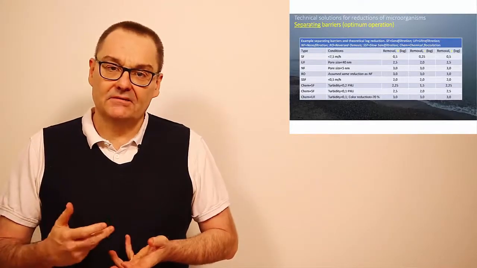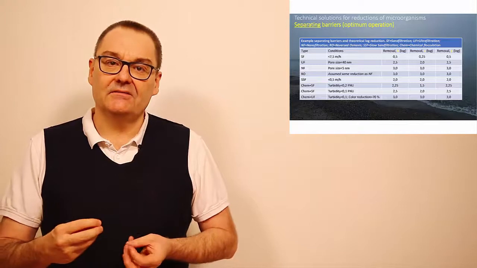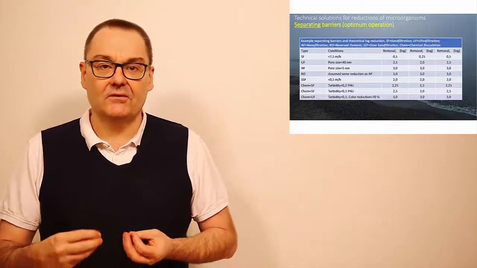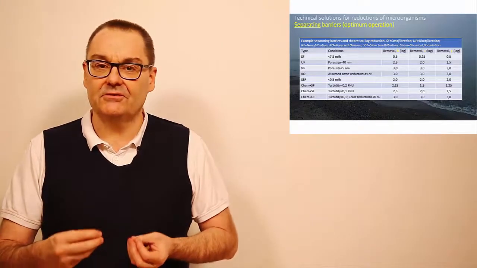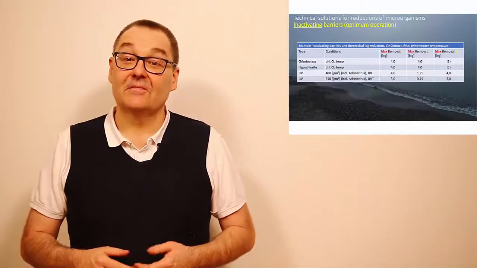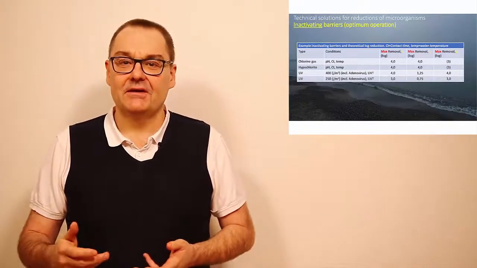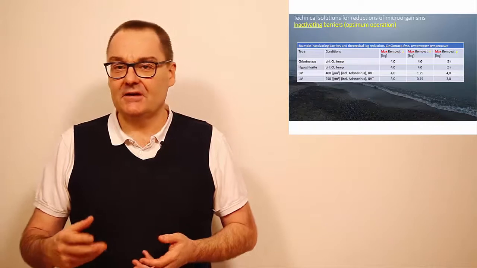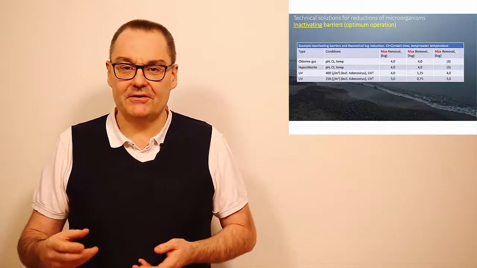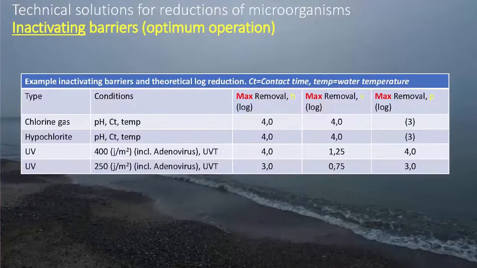Now, with that, we'll go to the inactivating barriers to see what they are and what the technical solutions for those are. Let's have a look at some of those inactivating barriers in this table. For example, you have hypochlorite, and hypochlorite is very commonly used in waterworks.